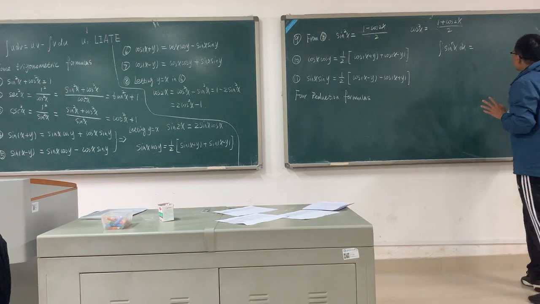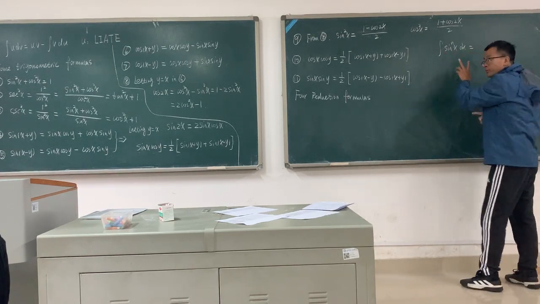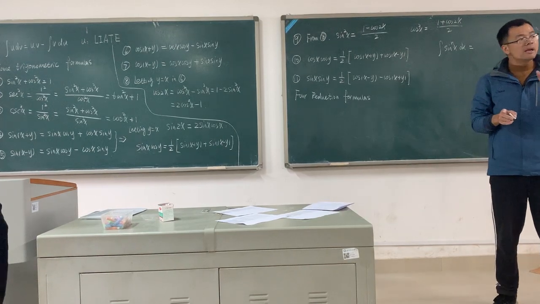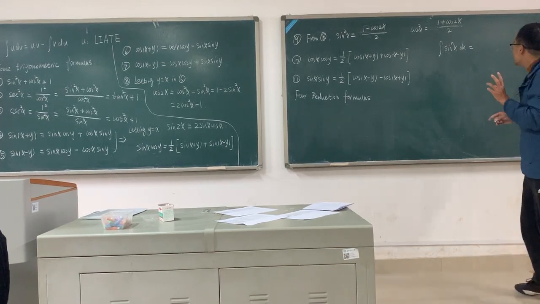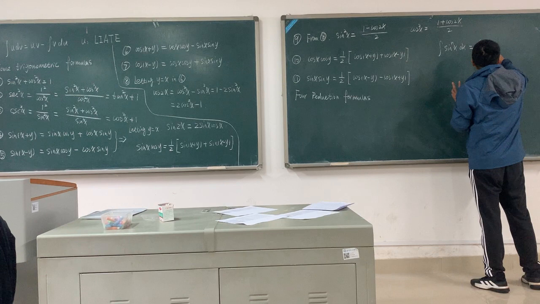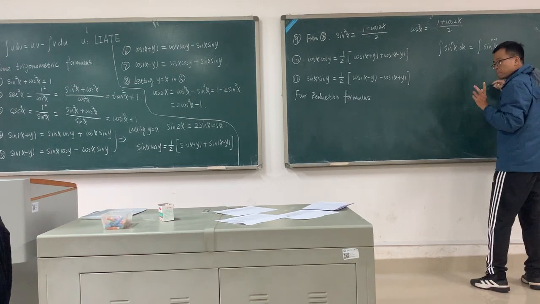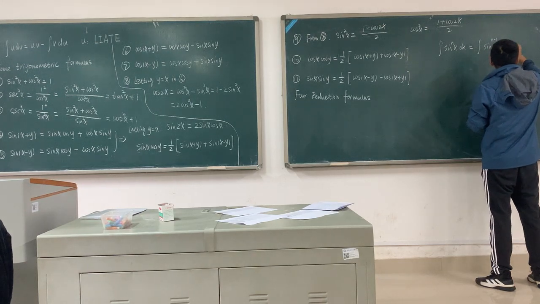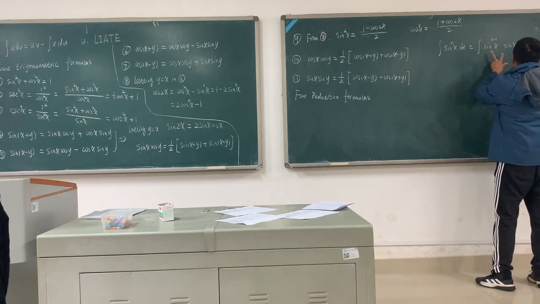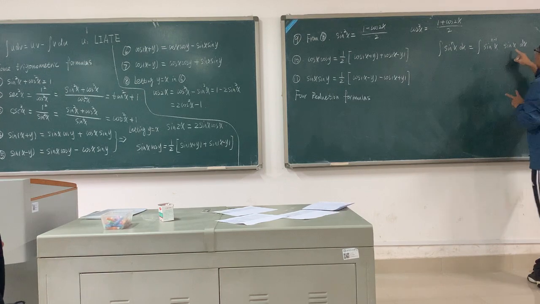Here we write sin x to the nth power in two parts. The first part is sin x to the n minus 1 power. The second is sin x to the 1st power and dx. We write it in this form.